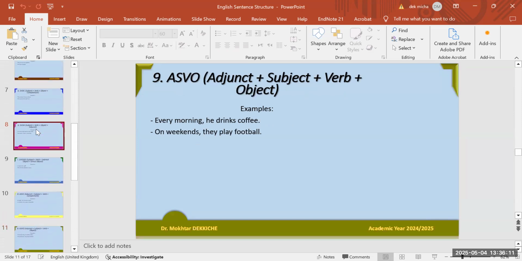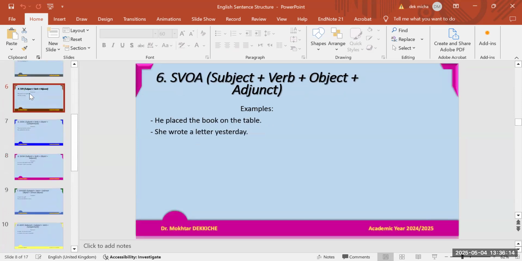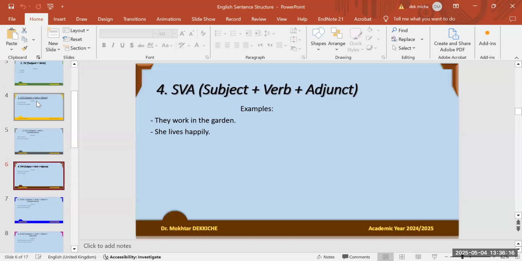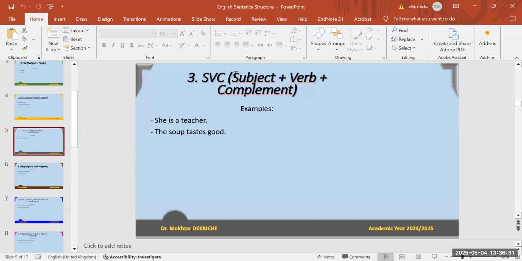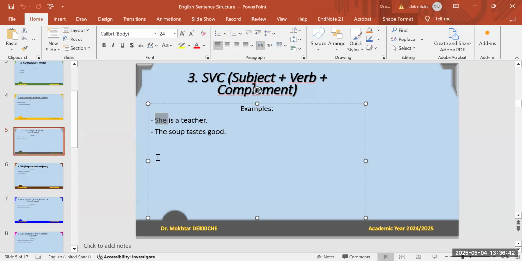And these include the following: subject, verb, objects, as in he reads a book, the cat chased the mouse, or subject, verb, complements, as in she is a teacher, or the soap tastes good, where she is a subject, is a verb, and a teacher is a complement.